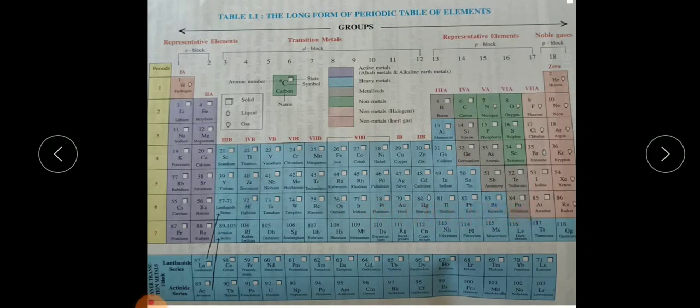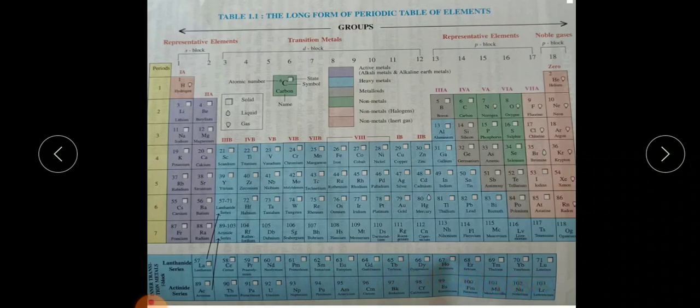And over here from 57 to 71, these elements are placed below, starting with lanthanum and ending with lutetium, 71. Similarly, in the 7th period, the actinide series, 89 to 103, are placed over here.